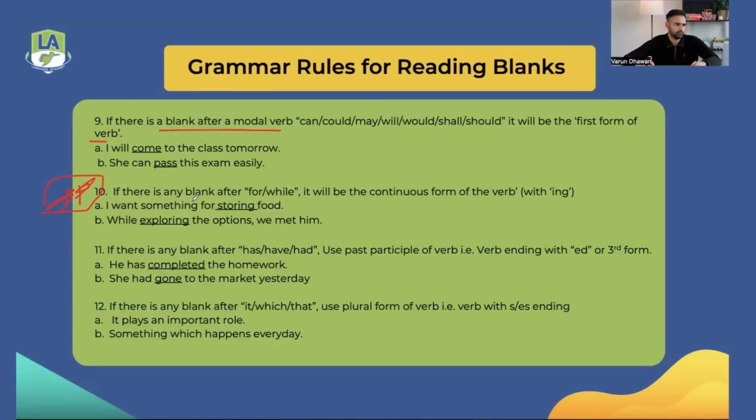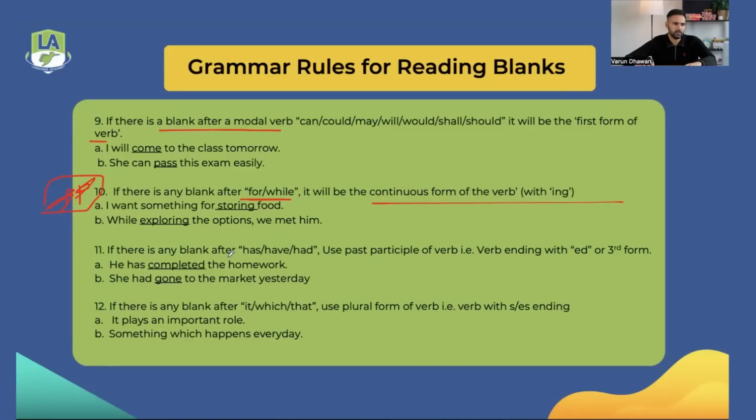If there's any blank after for or while, it will be the ing form of the verb. The bookshelf is used for storing the books. While completing the exercise, I encountered a problem. So after for and while, ing form.